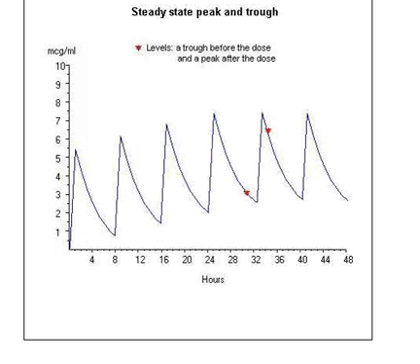This is the popular steady state peak and trough method. You draw a trough, then give a dose, and then draw a peak after the dose. It is required that the patient be at steady state for this to be accurate, because you are extrapolating that second trough.